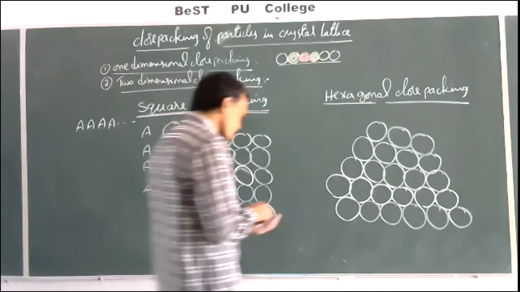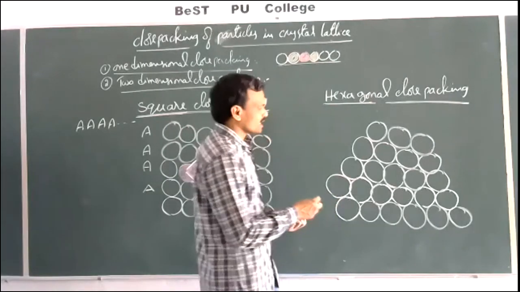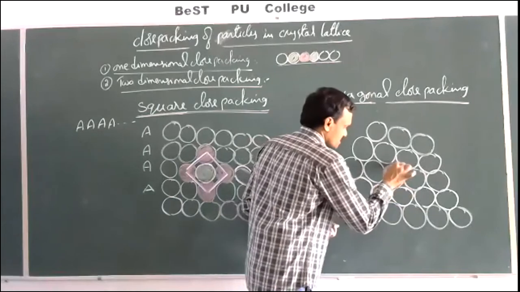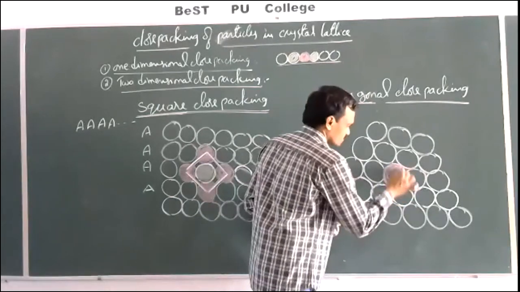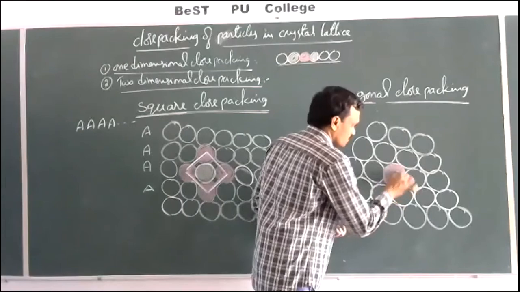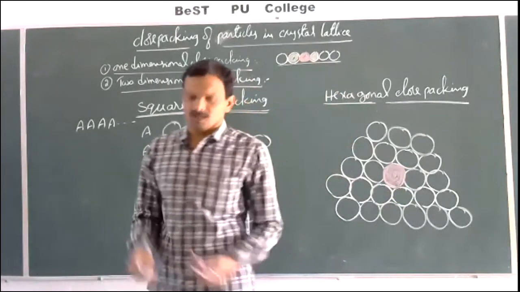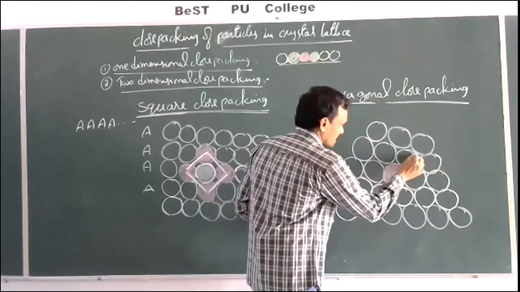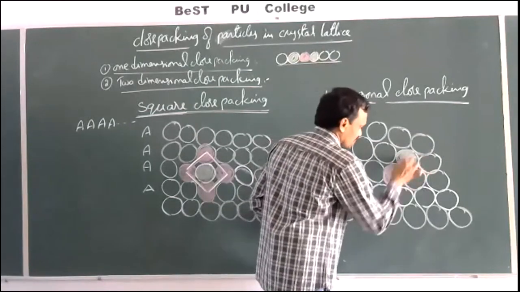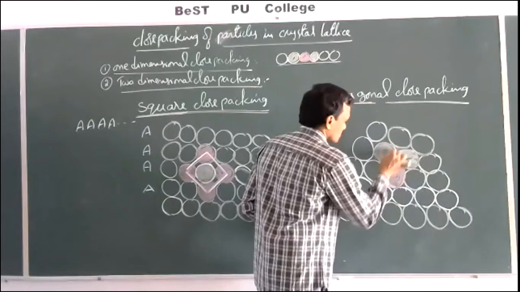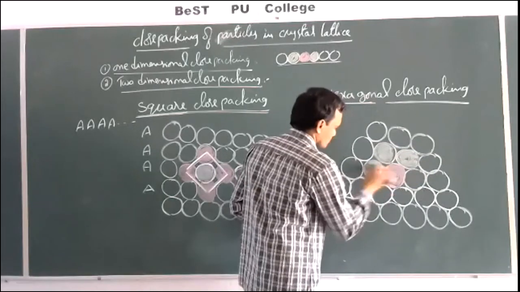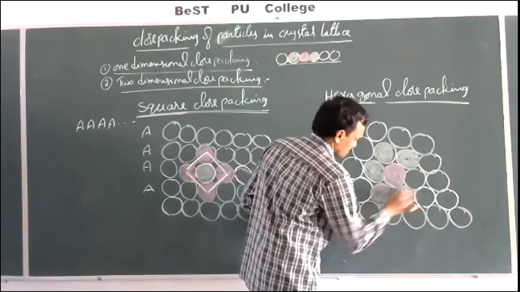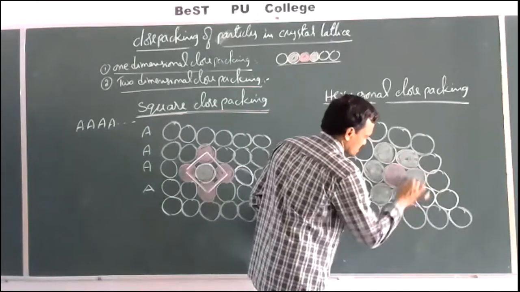In this, I will select any one particle. This is the particle I have selected here. Now, this particle is in contact with how many particles? This particle is in contact with 1, 2, this is the third one, this is the fourth one, this is 5, and this is 6.